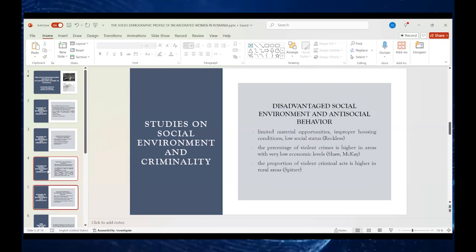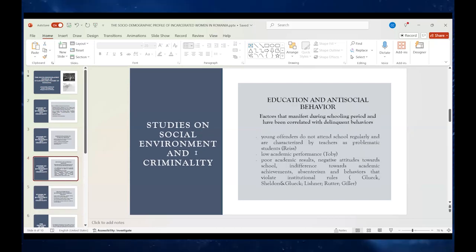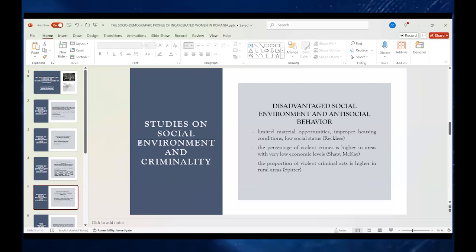Regarding school, studies indicate that young offenders do not attend school consistently, are considered problem students, have low academic performance, and commit crimes because they feel they have nothing to lose, as they hold low expectations for the future, display a negative attitude towards school, show indifference to academic results, frequently engage in absenteeism, and fail to follow school rules.